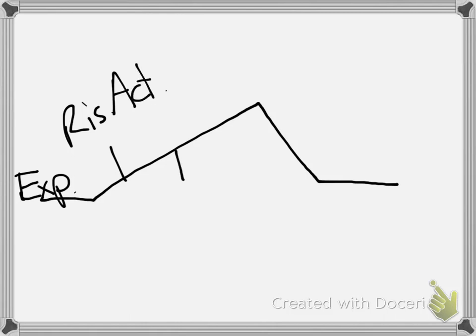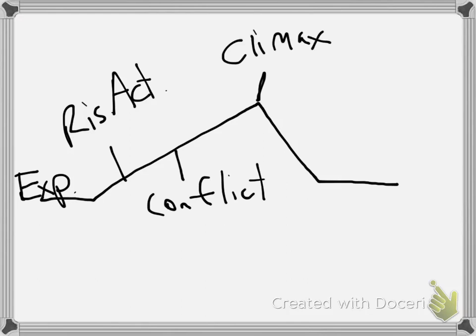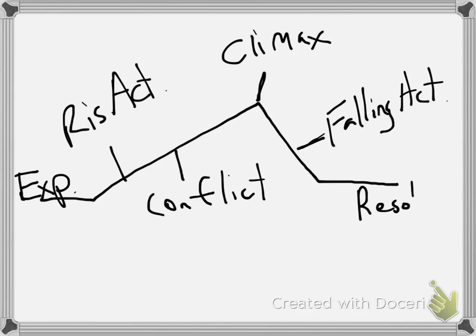We also have our conflict introduced during this point. The top point right here is the climax, which lets you know it's the most pivotal point of the story. Followed by this little end right here will be falling action. And then it ends with resolution on this line.